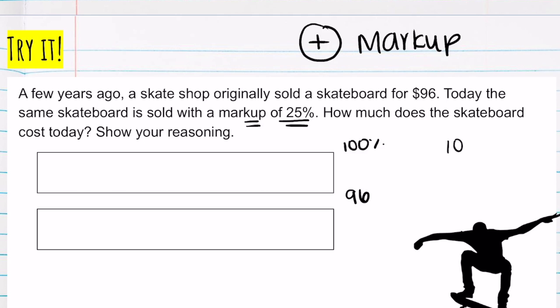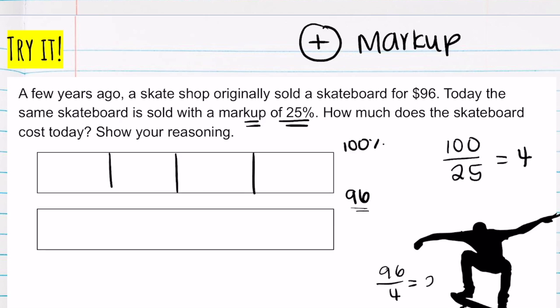So 100 divided by 25 is equal to 4, meaning that we could cut this square into 4 parts. So because the total cost is $96, a fourth of it, meaning if you divide 96 by 4, it will be 24. So we know 25% is $24.